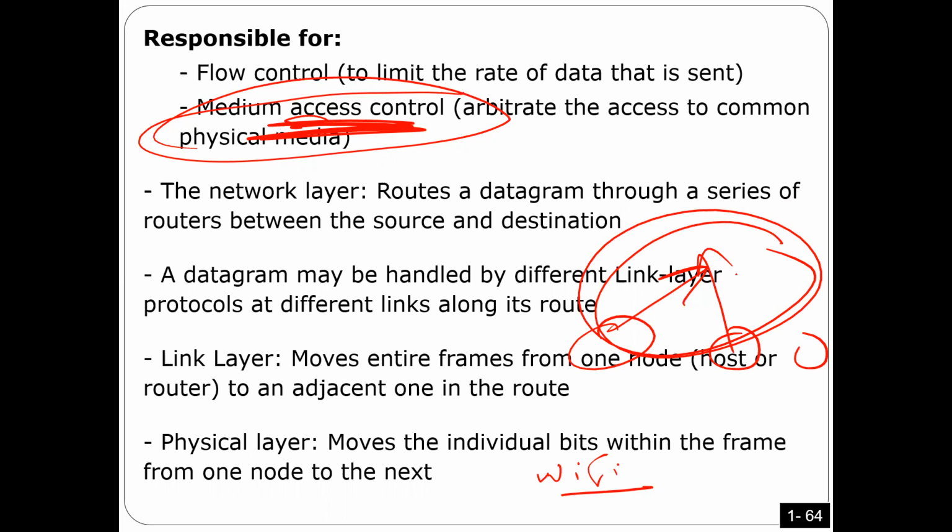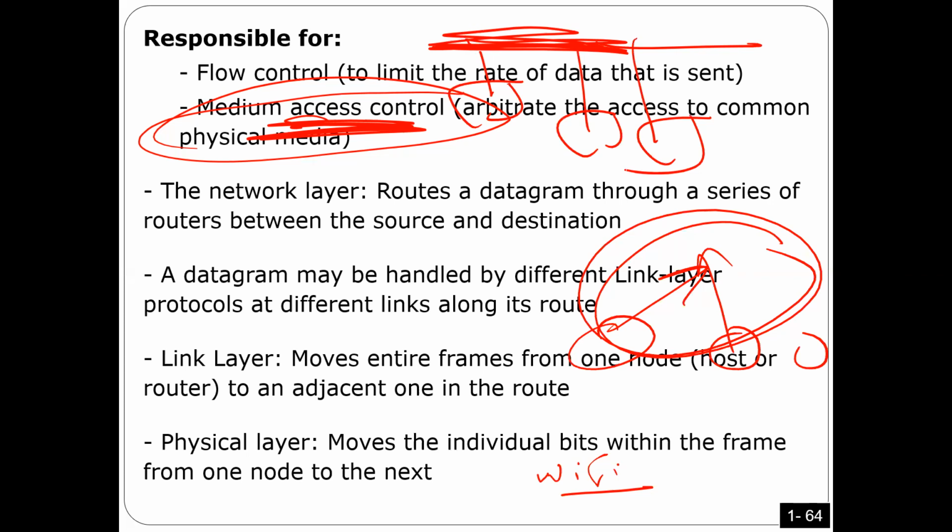So we need a mechanism to coordinate: you can transmit now and no one else should transmit, because we share the medium. Same thing in the case of a bus. If we have several computers connected to the same bus and two computers transmit at the same time, the signal is going to be corrupted.